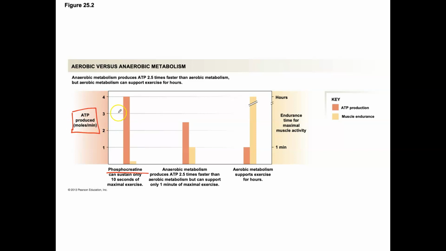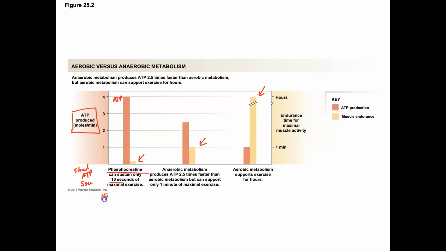Although it's a rapid pathway for producing ATP, so we can see ATP production is high on this chart, the endurance, designated by the yellow coloration, for stored ATP is not on this graph, but stored ATP and phosphocreatine, we got 5 seconds from stored ATP, and we've got 10 seconds from phosphocreatine.